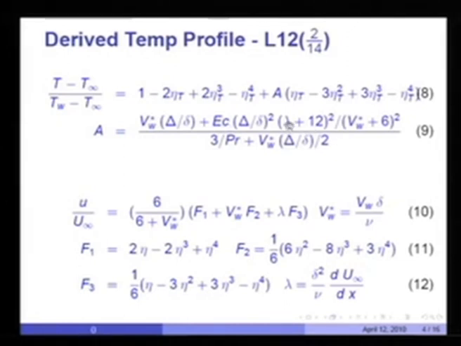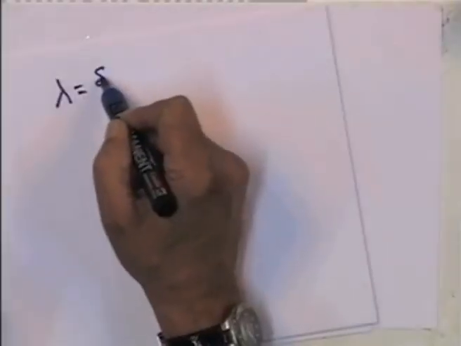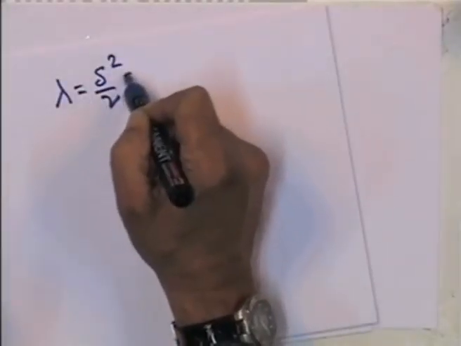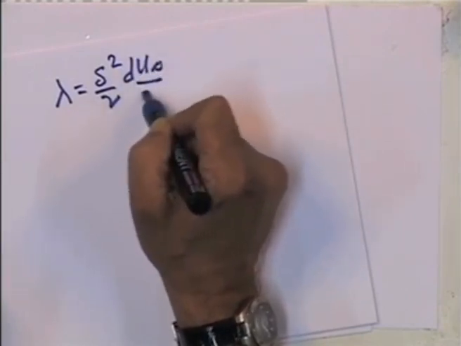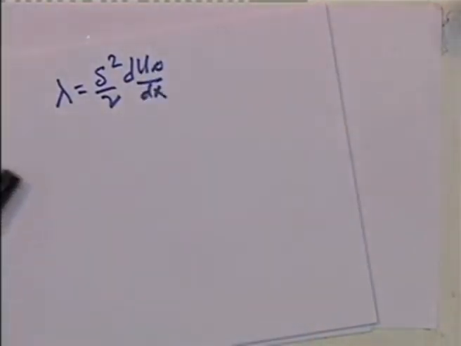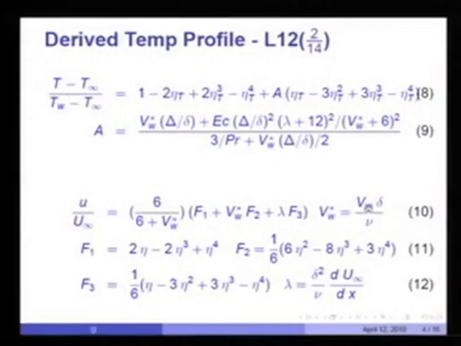Lambda, as you will recall, is nothing but delta square by nu du infinity by dx. V w star is simply V w delta by nu, and the corresponding velocity profile is again reproduced. To refresh your memory, f 1 is equal to that function, f 2 multiplied by V w star is that function, and f 3 multiplied by lambda is that function.